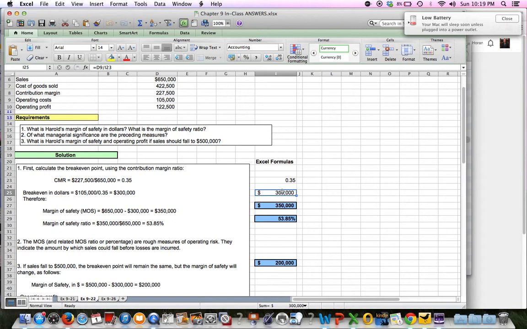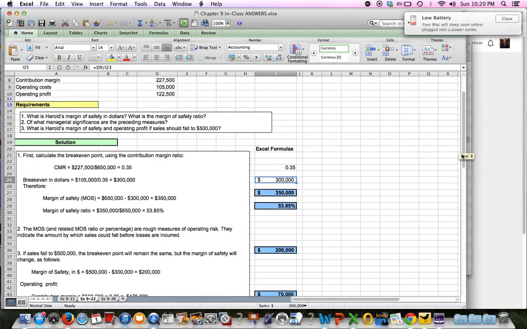Therefore his margin of safety is his sales of 650 minus his break-even of 300, and that's 350. That's a pretty good sized margin of safety, and expressed as a ratio it's just the 350 margin of safety divided by sales. He's got a very healthy margin of safety. Basically his sales could drop by 53%, and he'd at least break even.